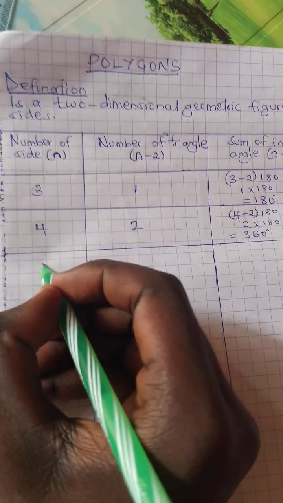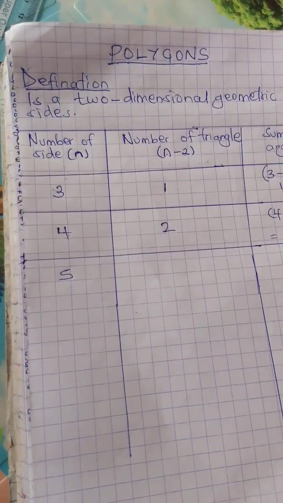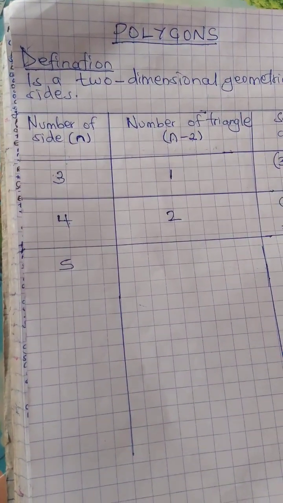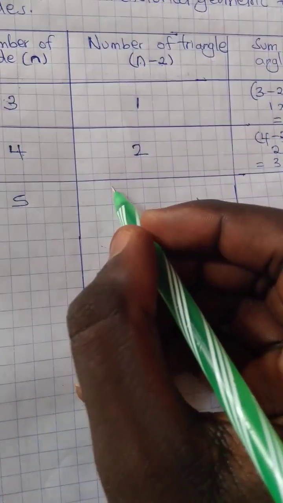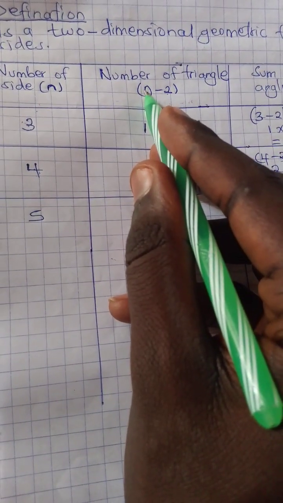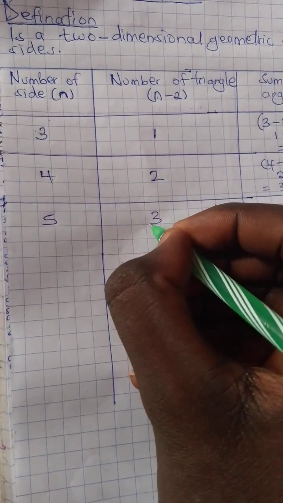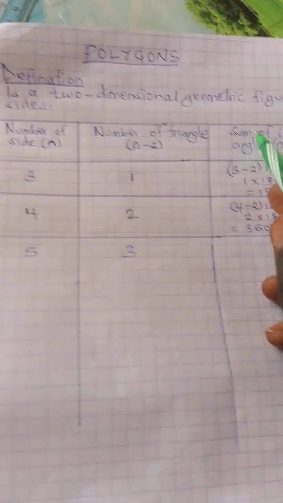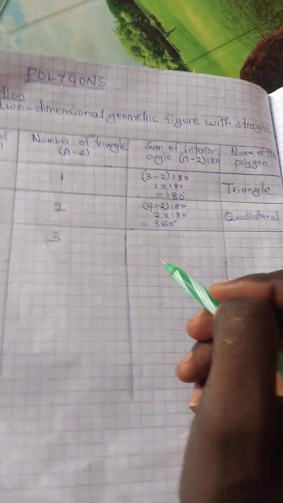Let's go to 5. How do we get the number of triangles here? We subtract 2 from 5, which is the n. It will give us 5 minus 2, which is 3. It has 3 triangles. Then, the sum of interior angles: how will we get it?